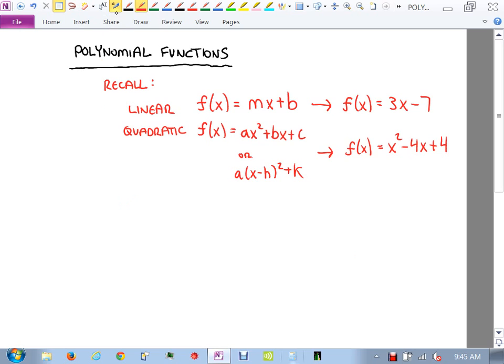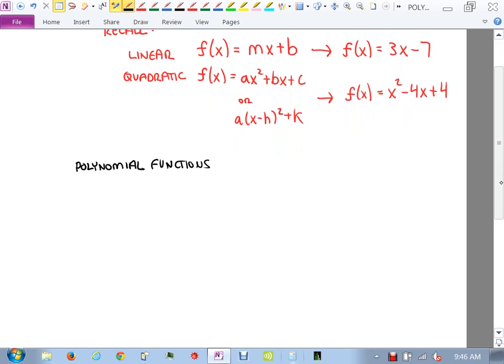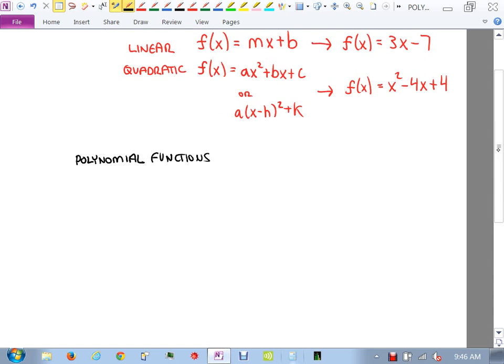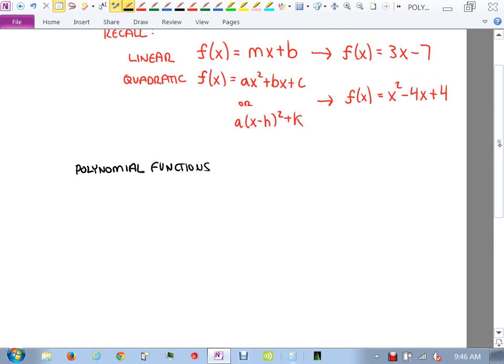Now we get into the new thing, which are the polynomials. So here's what a polynomial function looks like. And you're not going to like it. And just keep in mind, with linear, what did I have? Go back to linear. The highest power of x I had was that x right there.